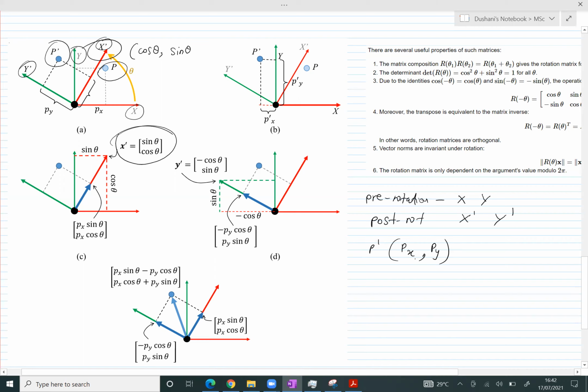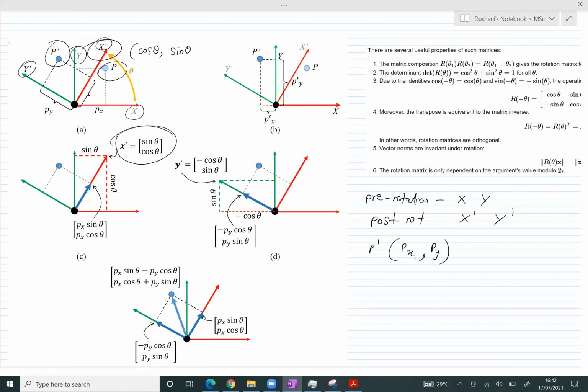Okay. So specifically, P dash is obtained by walking Px units from the origin in the direction of x dash. And then you walk Py units in the direction of y dash.